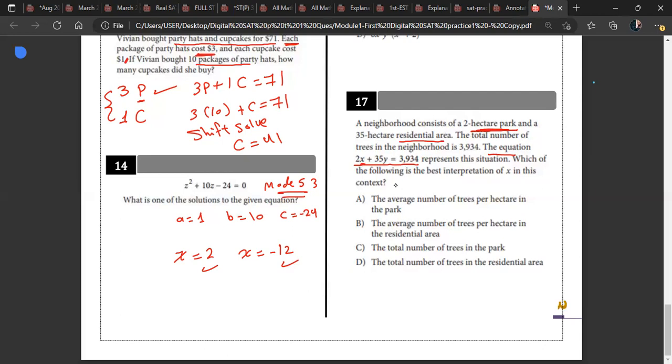Here you have the first choice: A, the average number of trees per hectare in the park. B, the average number of trees per hectare in the residential area. C, the total number of trees in the park, and D, the total number of trees in the residential area. Which one do you think?